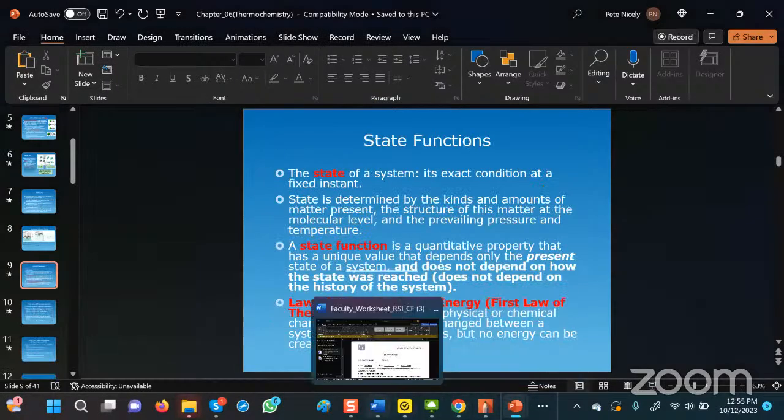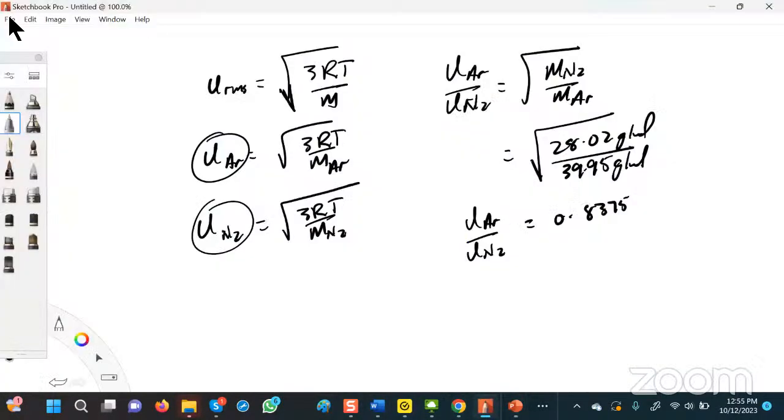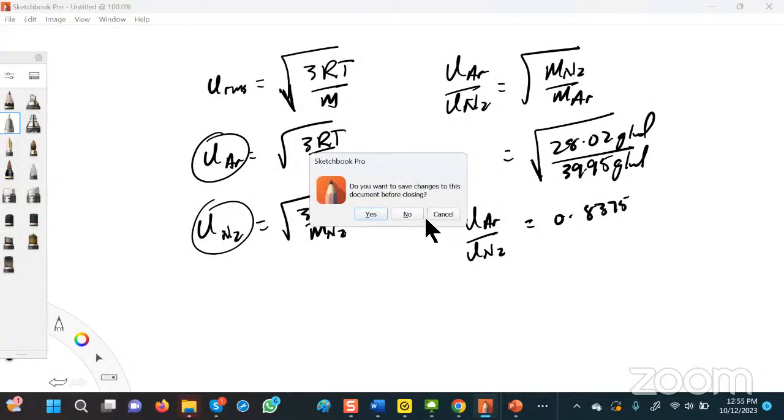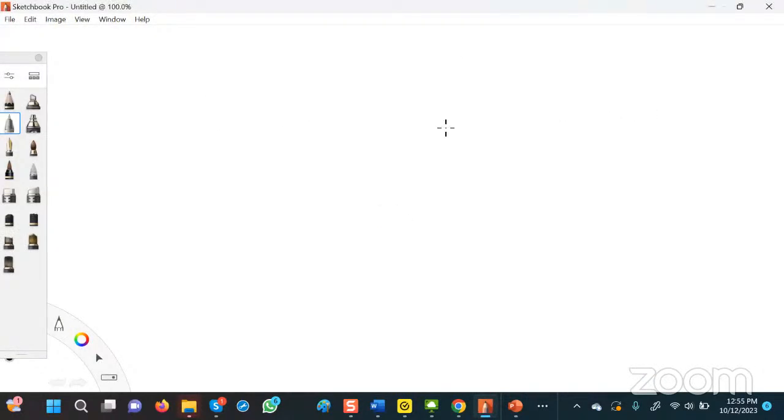So let's say you have a piece of iron, which of course, under normal circumstances, is solid. And let's say the initial temperature is 25 degrees Celsius.